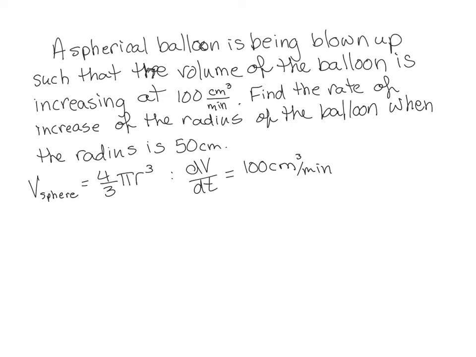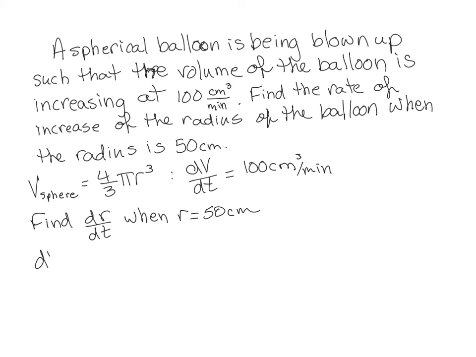What are we being asked to find? Find the rate, so that's going to be the derivative with respect to time, of increase of the radius, so that's dr/dt, when the radius is 50 centimeters. So we have our formula to take the derivative of, and we have the values to plug in to solve for that derivative.